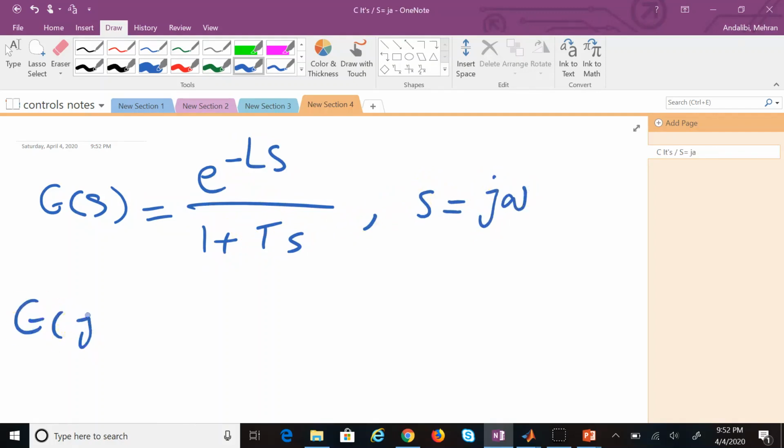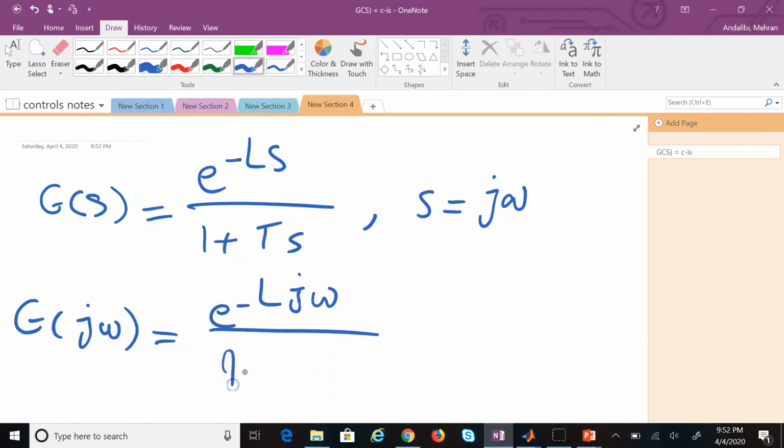So g of j omega is e to the negative L j omega divided by 1 plus tj omega.